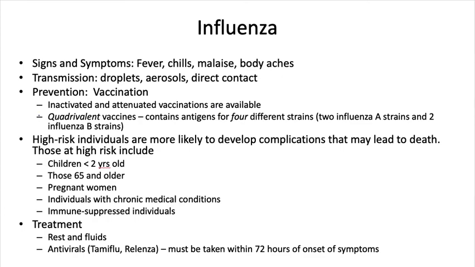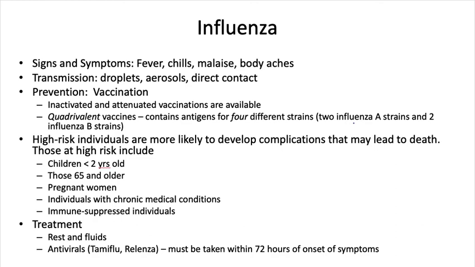The inactivated vaccines are much more common at pharmacies and doctor's offices. And again, if you have something called a trivalent vaccine, that would have protection against 3 strains of influenza. The quadrivalent vaccines contain the antigens for 4 different strains, typically 2 influenza A strains and 2 different influenza B strains.